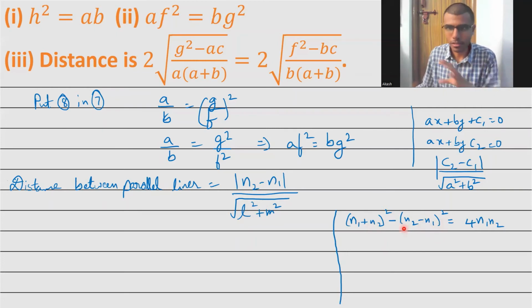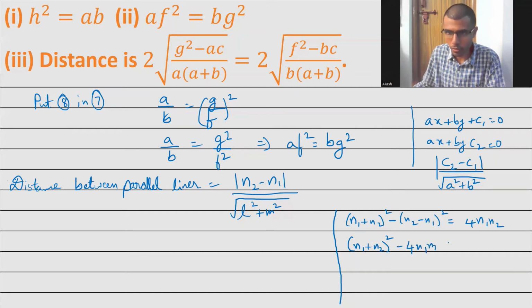If you apply this much, you would get this one. Fine. So now what I want is modulus of n2 minus n1. So I'm going to take (n2 minus n1) square to the RHS and 4n1n2 to the LHS. Okay, so I'd get (n1 plus n2) whole square minus 4n1n2 is equal to (n2 minus n1) whole square.